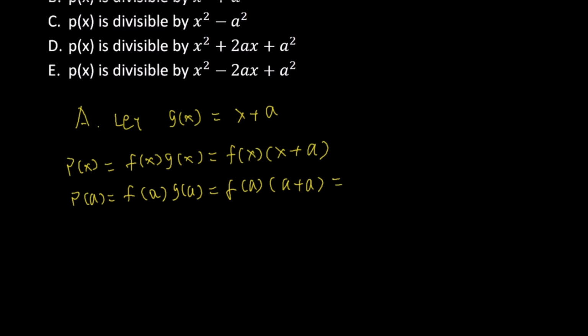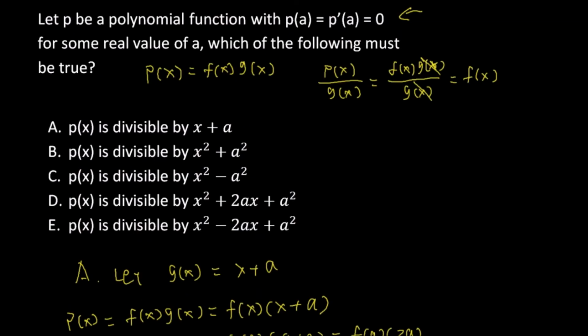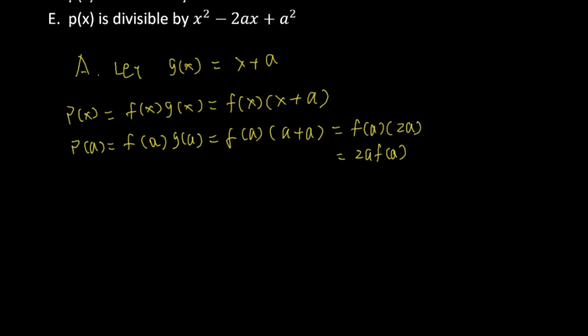This is equal to f at a times 2a, which is 2a times f at a. We don't know whether that's equal to 0 unless a is equal to 0. But the question did not mention that a is equal to 0, so we cannot assume that it's equal to 0.